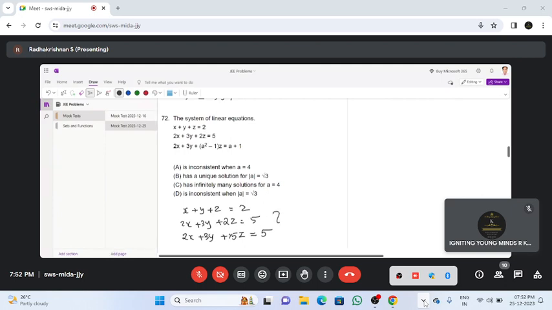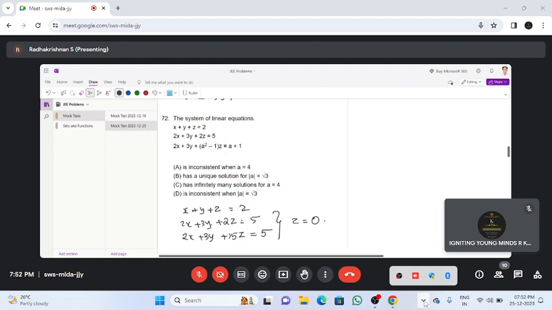Because in the last line we see that z equal to 0, right? Whether we have 2z or 15z, it's still the same result: z equal to 0. Once you put z equal to 0, we get two equations: x plus y equal to 2 and 2x plus 3y equal to 5. They are distinct equations, so we can solve for them and get x and y. So this is a unique solution.